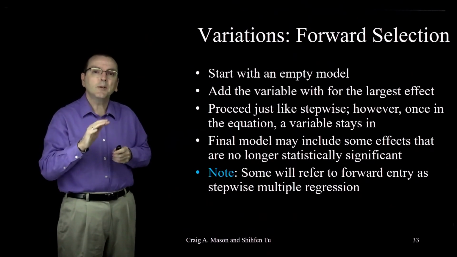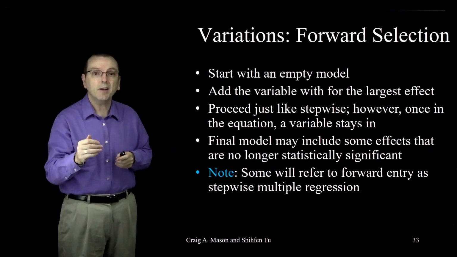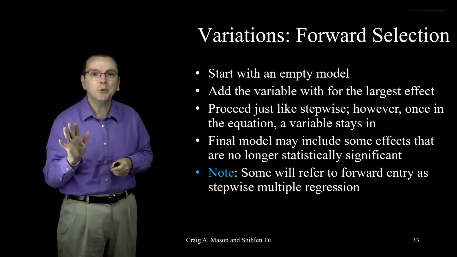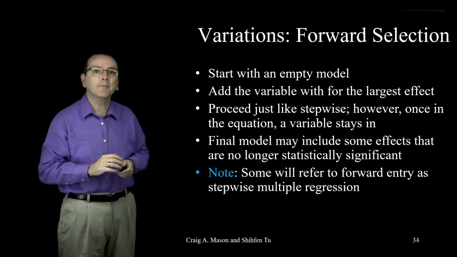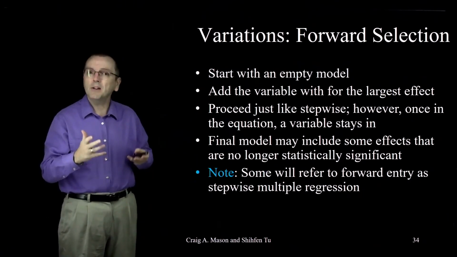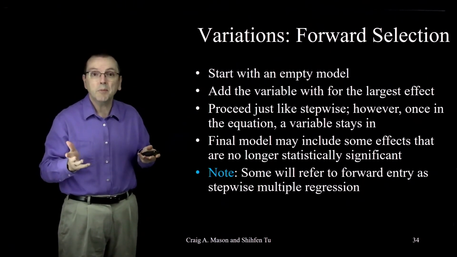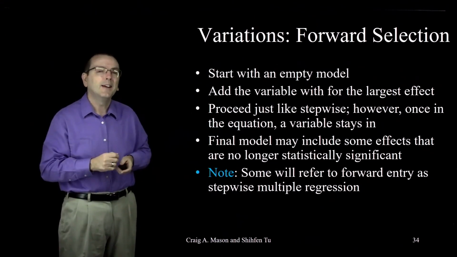The difference is that with forward selection, once a variable enters the regression model, it cannot be removed no matter how small the effect may become later on. As a result, the final model may include some variables that no longer meet the entry criteria or are even statistically significant.